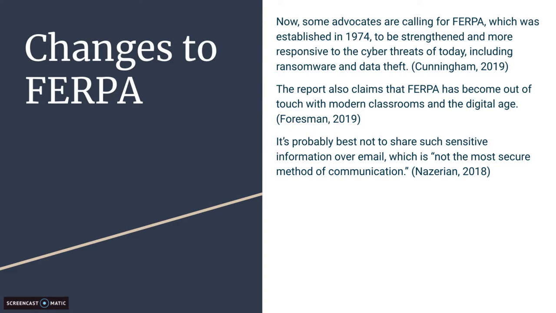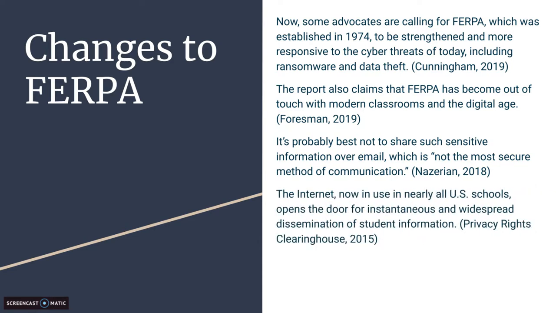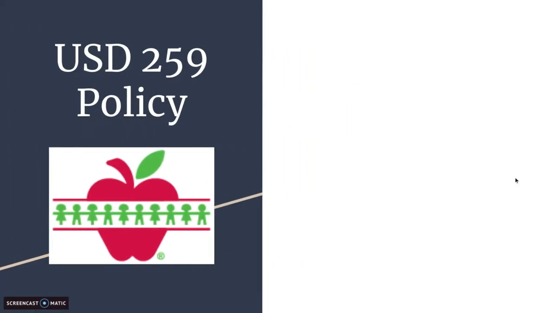Other changes that FERPA is being scrutinized for right now is not sharing any information over email because it is not the most secure method of communication. And the internet is used in nearly all schools across the U.S., which opens a door immediately for student information to be tracked down, stolen, and then shared by internet hackers.